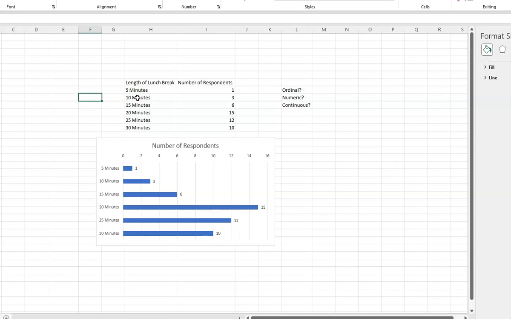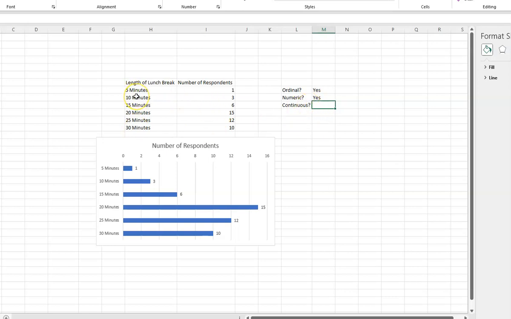You can add those two numbers together and get something that makes sense. So it passes the test. We're going to say, yes, it's ordinal. It also passes the test that it is numeric, since you can do math on these numbers, these 5, 10, 15, 20, up to 30, and have that make sense. And the final question is, is it continuous?